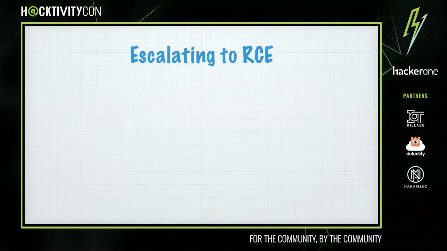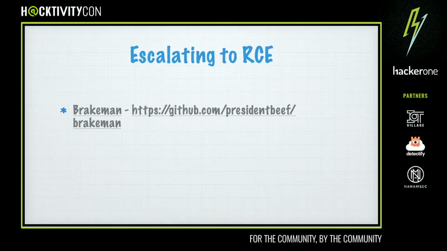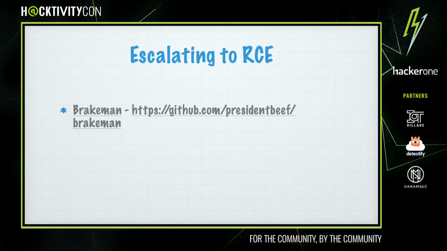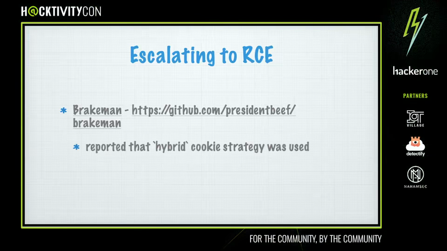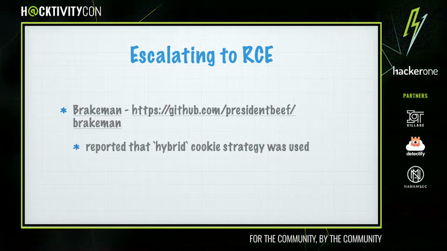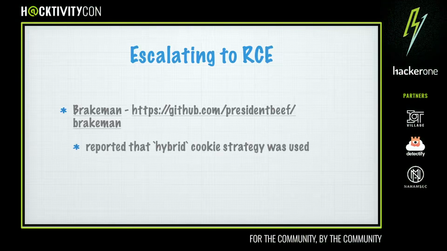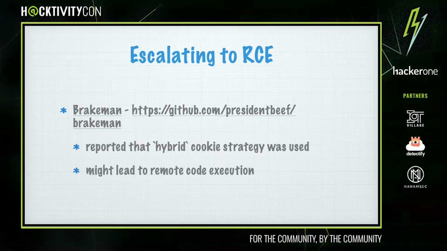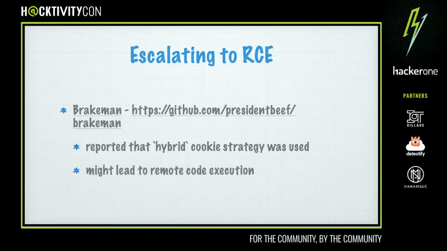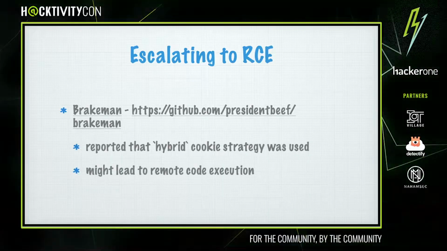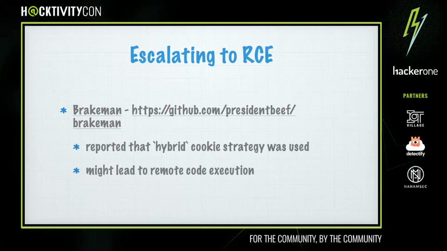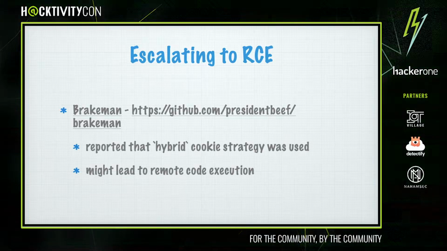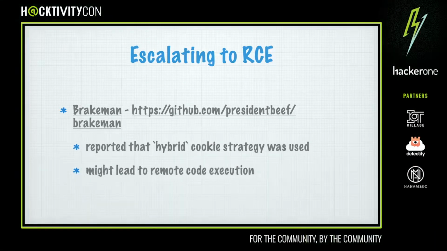I'd previously run Brakeman over the codebase, which is a static security scanner, and one of the things it reported was that GitLab were using the hybrid cookie strategy, and mentioned that that could lead to remote code execution. Rails used to use Marshal to serialize Ruby objects for signed and encrypted cookies, but since Rails 7 has moved to a JSON strategy instead.